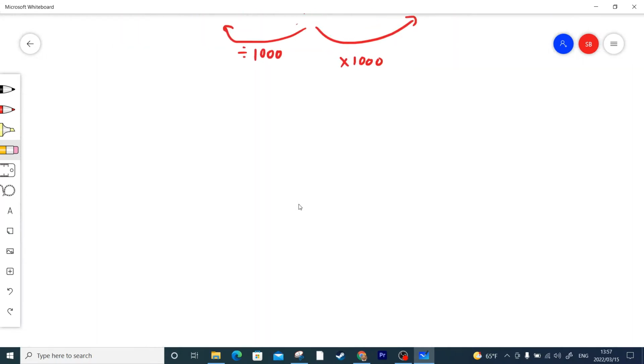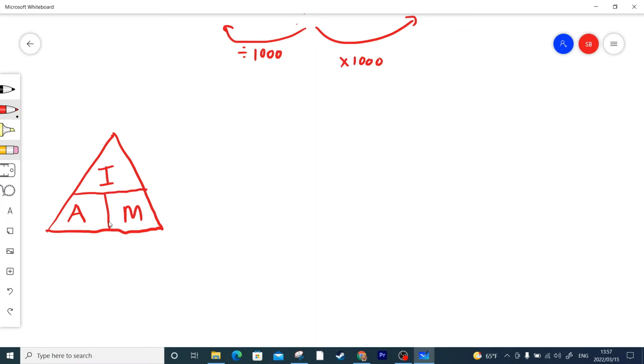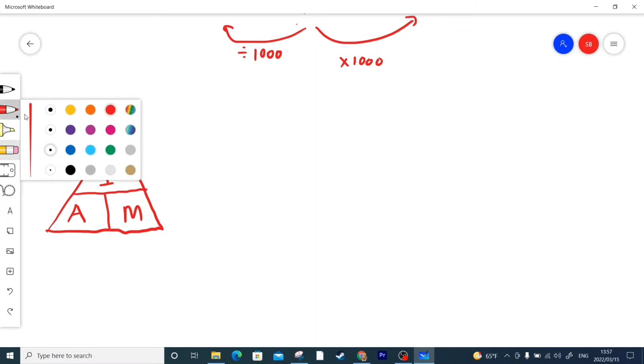Let's move on. Now, we have a special triangle that we need to memorize. I like to memorize this triangle with the word AIM, A-I-M, and you write it like that. This triangle is used to figure things out when you get given a question.